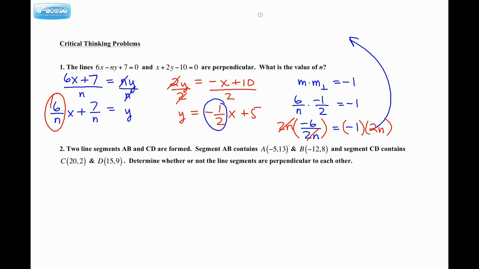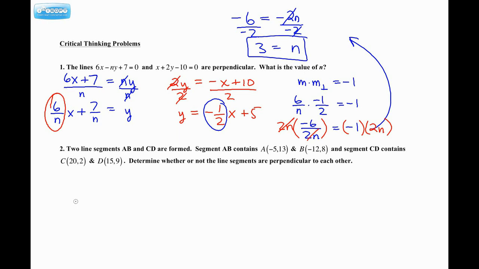So I end up with negative 6 equals negative 1 times 2n, which is just negative 2n. Well, that's easy to fix. Let's just divide by negative 2 now. So that cancels. So I'm left with n, and that is equal to positive 3. So there we go. n must be 3 in order for these lines to be perpendicular.